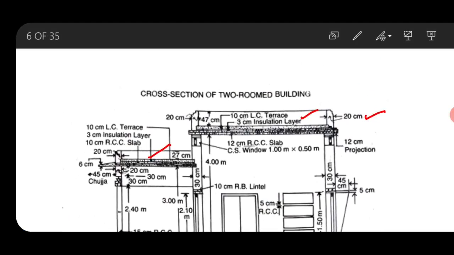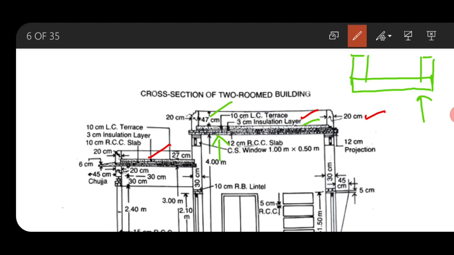So see here in the sectional diagram, it is given as 47 centimeter, which is the clear height above the insulation layer. That means when we prepare the parapet, suppose this is the roof slab of the building, and your parapet will be provided above this roof slab. Its thickness or width is 20 centimeter.